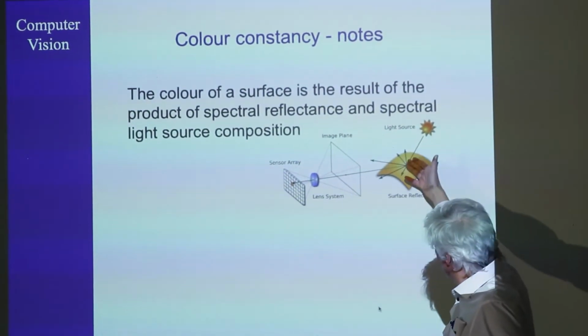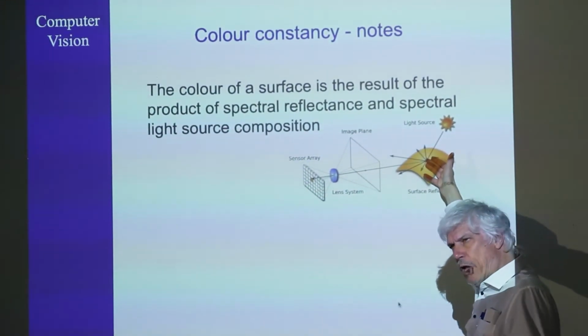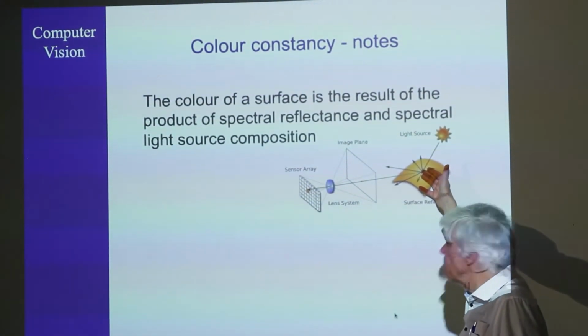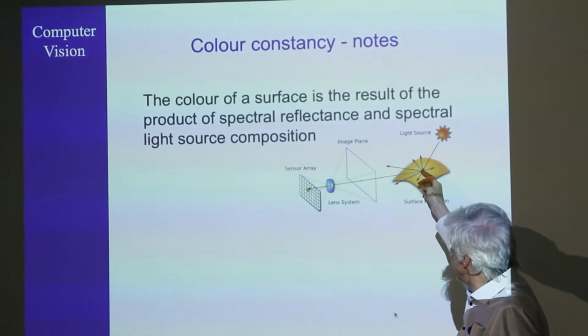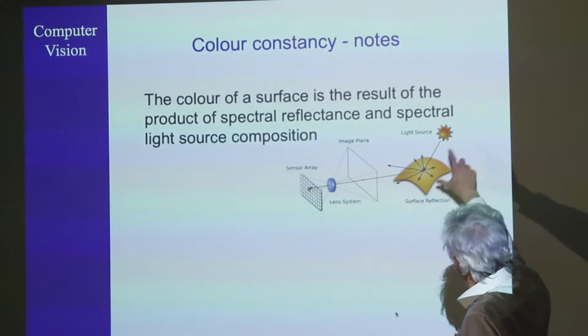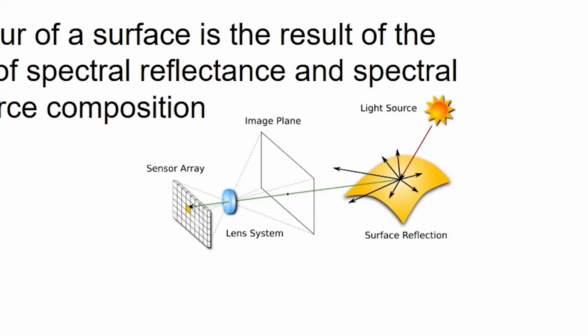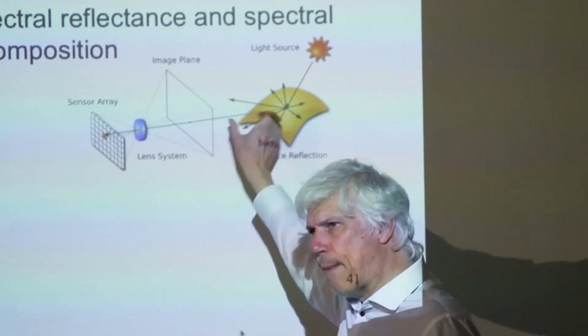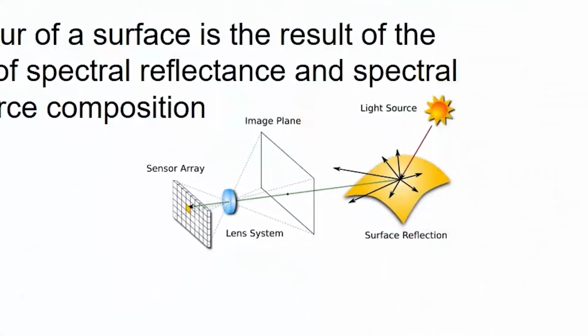The light falls onto a surface, and certain parts of the spectrum are reflected more or less by that surface. So it's multiplied here by this reflectance, and it's that product that we see. We see the product of the presence of certain wavelengths and how much of these wavelengths are being reflected towards the camera. It's that product that we see at every place.